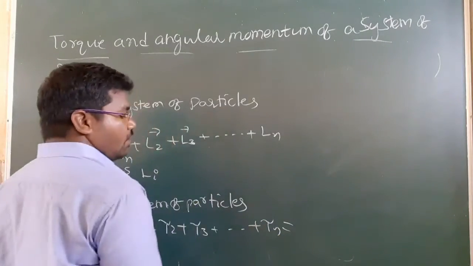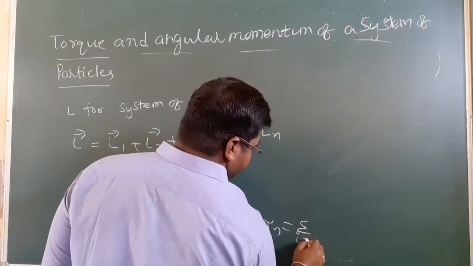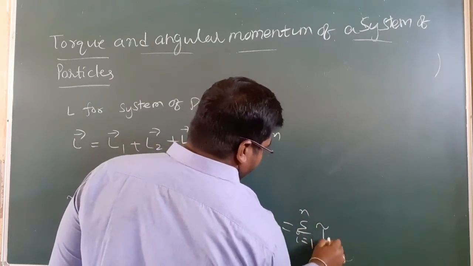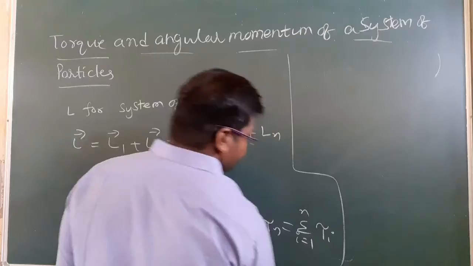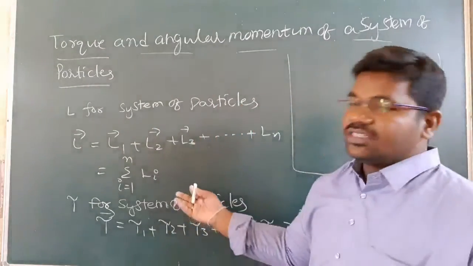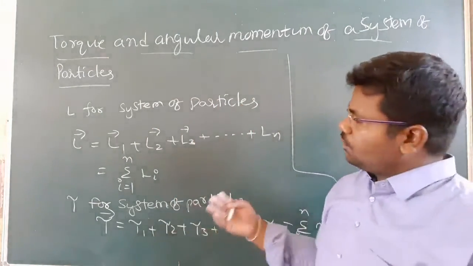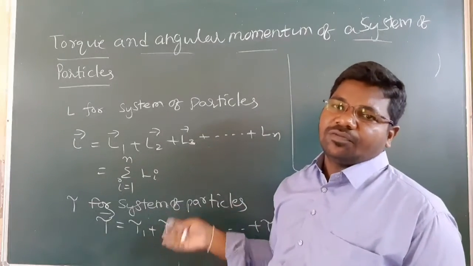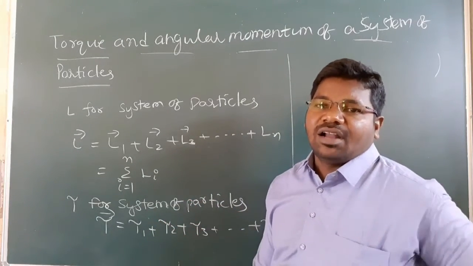So this is equal to sigma i is equal to 1 to n of tau i. Understand? So simply, we have to find the total, the sum of the angular momenta of all objects.